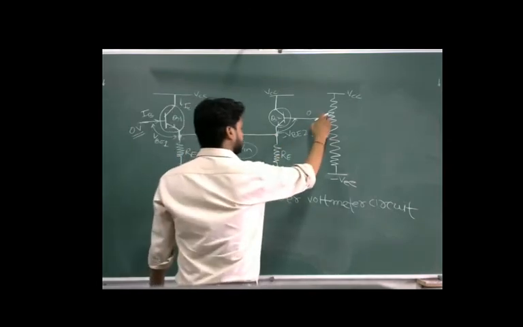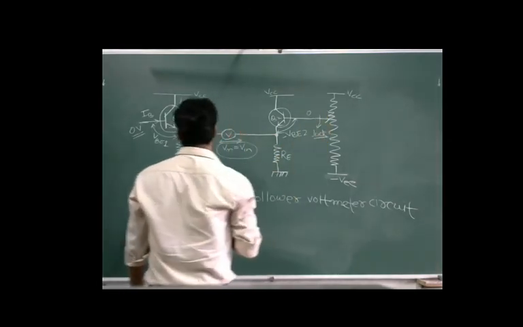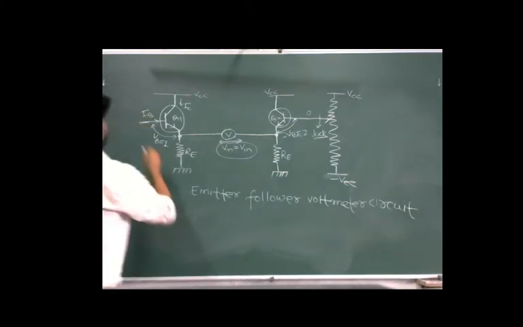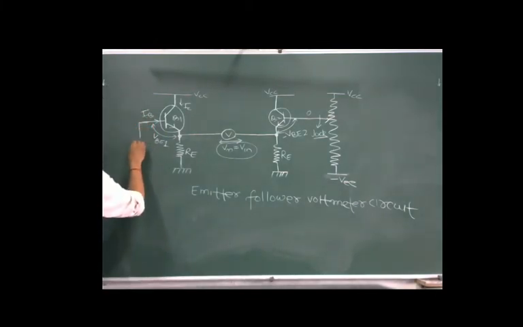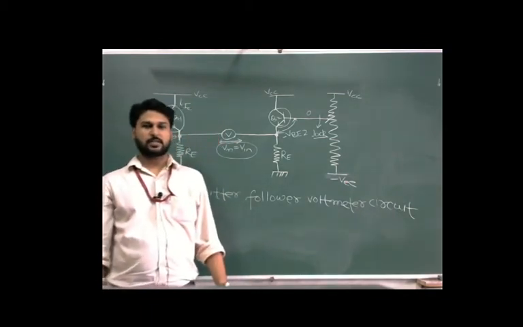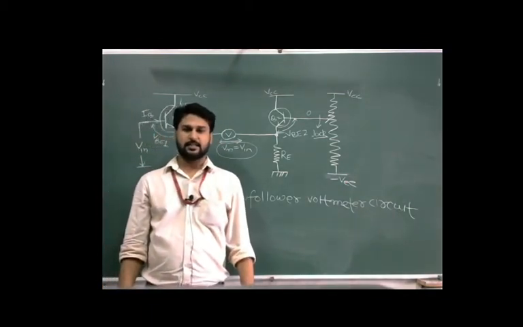Then the voltage we have to measure, we apply at this terminal and we will get an accurate result. So this is the complete information for the emitter follower voltmeter circuit.